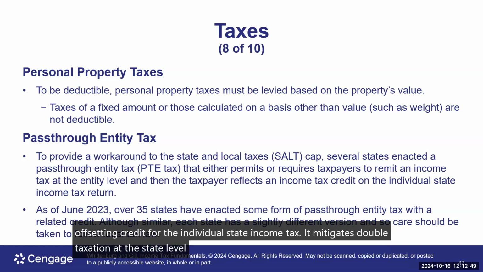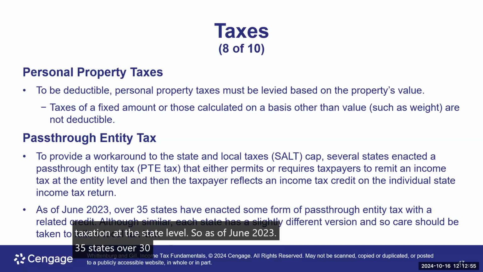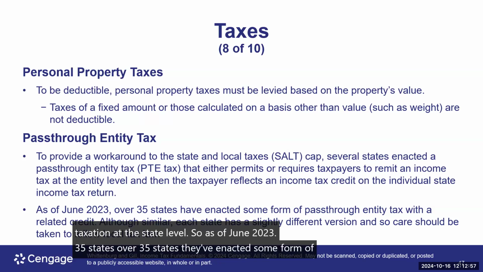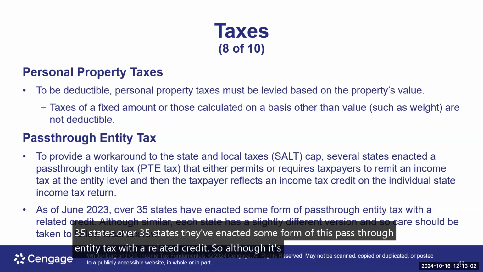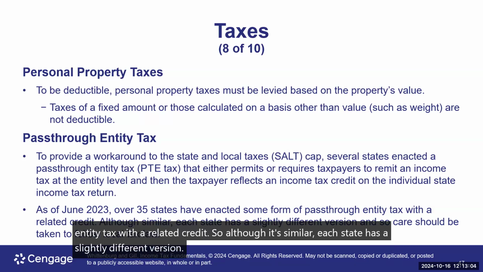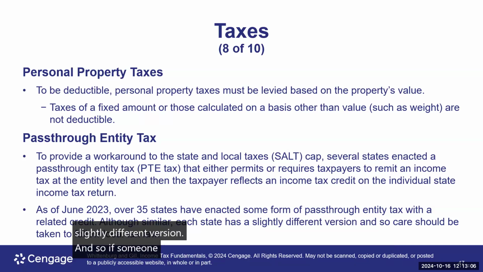So as of June 2023, over 35 states have enacted some form of this pass-through entity tax with a related credit. Although it's similar, each state has a slightly different version. So if someone is working on this for a state, you've got to make sure you understand it correctly.